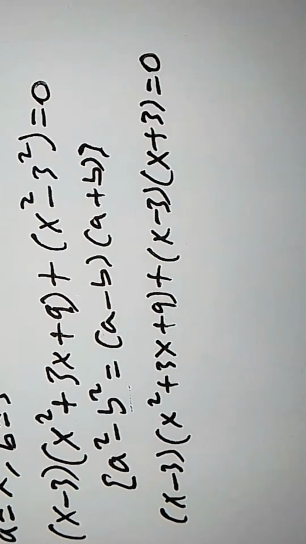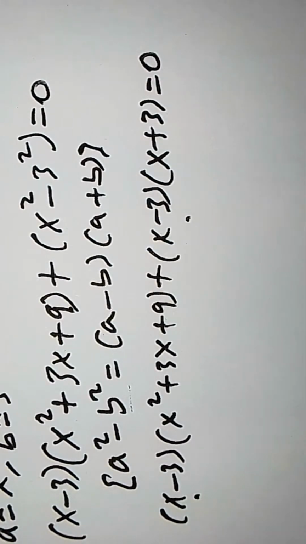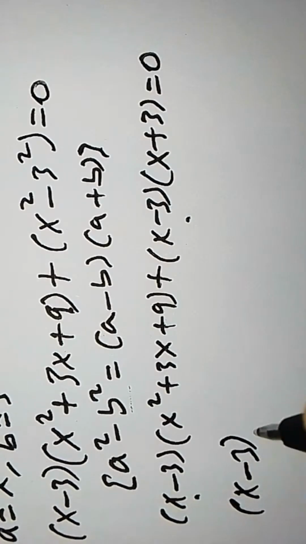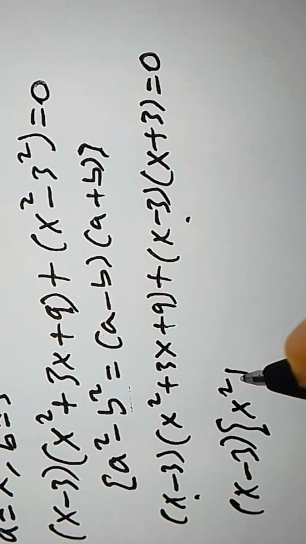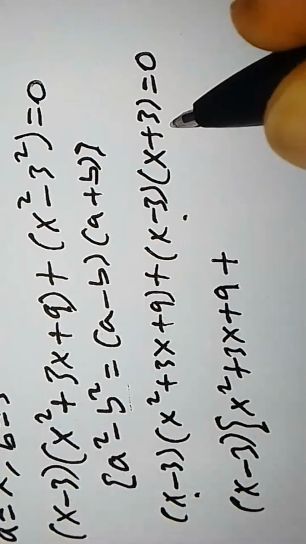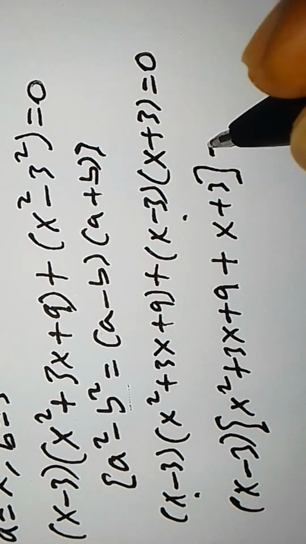You will notice something here. x minus 3 is common. We can pull it out. So we have x minus 3 into this guy, x squared plus 3x plus 9 plus x plus 3. Let's close the bracket, equal to 0.